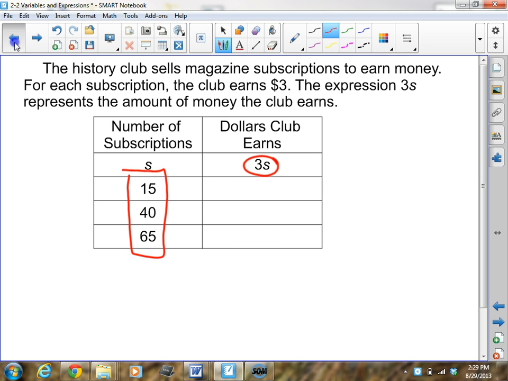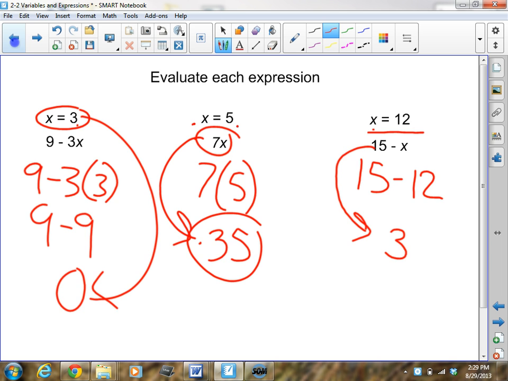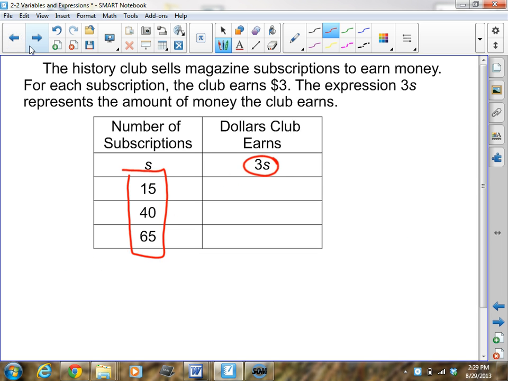Now remember back here, I gave you x equals 3, x equals 5. In this one, they're saying s is my variable, s equals 15, s equals 40, s equals 65. So ladies and gentlemen, I'm going to use this expression and these variables to solve that answer right there.